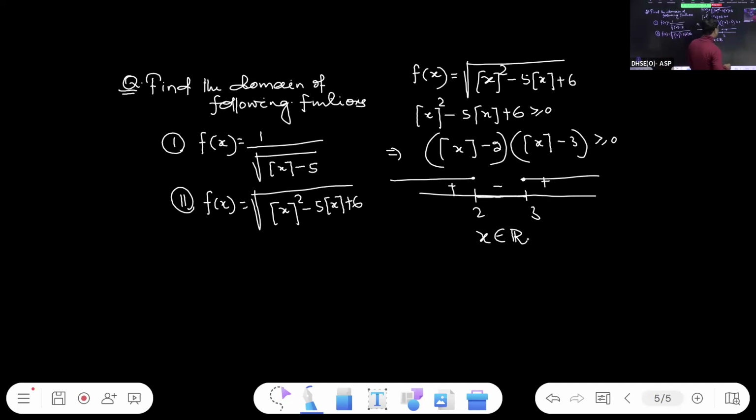Then come to fractional part function. Okay, solve two or more questions on range.